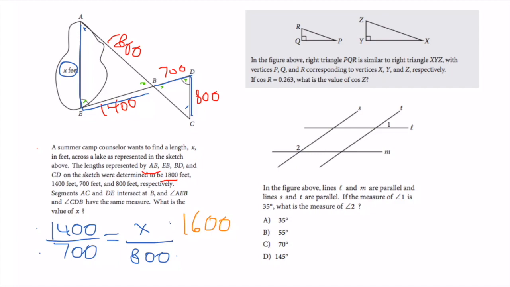Or if I wasn't comfortable doing it that way, I could just math this out, multiply this side by 800, and also multiply this side by 800, and I'd be left with the same thing. So if I were to do the math over here, I would have 800 times 1400 divided by 700, and I'd still be left with 1600.